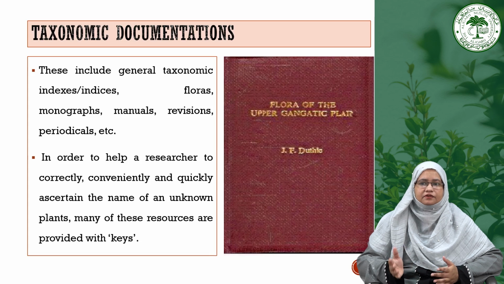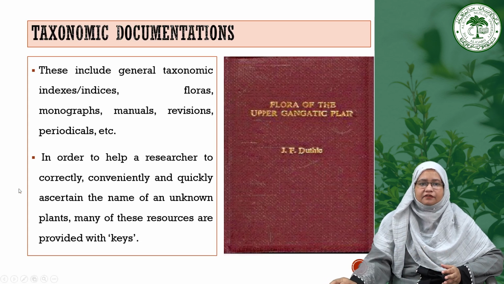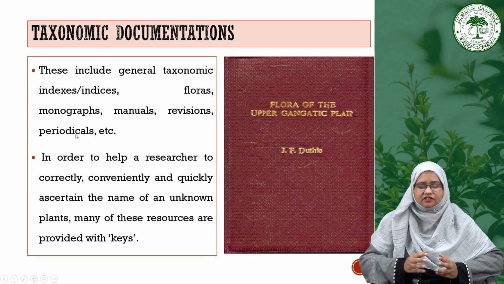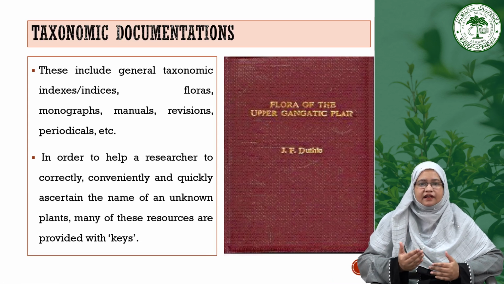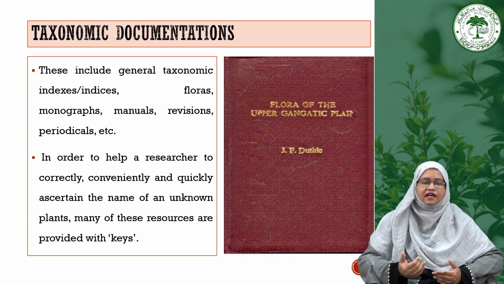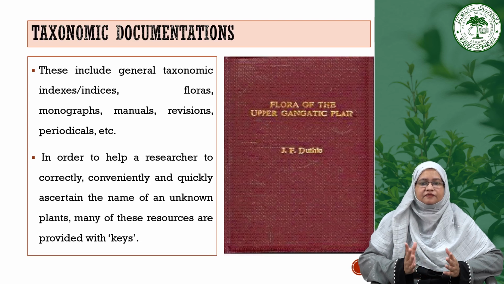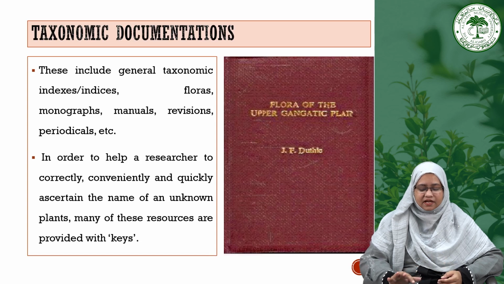So keys are very important in floras, monographs and manuals, because we can easily reach the plant we have collected. We will next see how keys play a crucial role in the identification of particular plants.